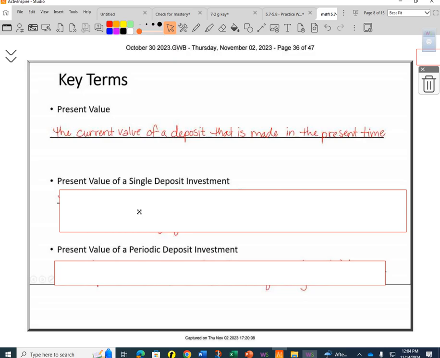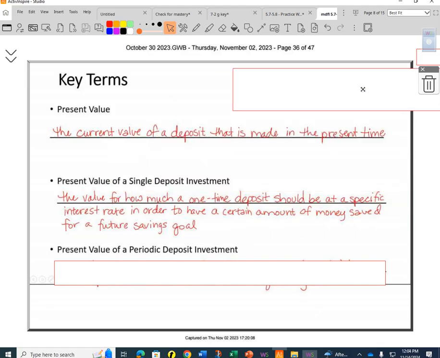Present value of a single deposit investment means one deposit. We can use this formula or this concept. If we say we need $100,000 in 15 years, this formula will allow us to compute how much we need to deposit today, so we'll have $100,000 in 15 years.